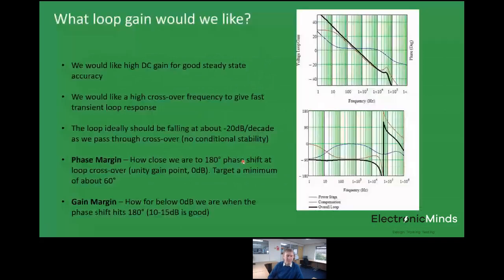And the gain margin, that's actually how far below the 0 dB line is at the point the phase shift hits 180 degrees. So that's how far away we are from being an unstable system, if you like. And a typical metric to use there might be about 10 to 15 dBs, perhaps a little bit more if you're looking at a very robust system. But they're the sort of things we're aiming for in our control loop design here.